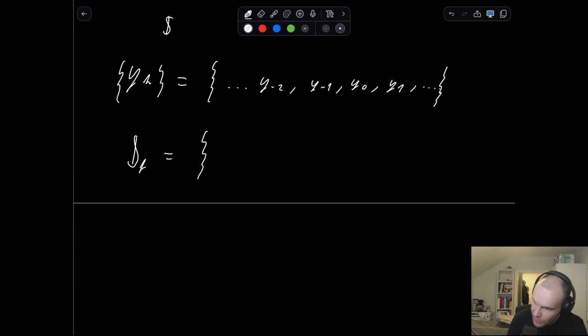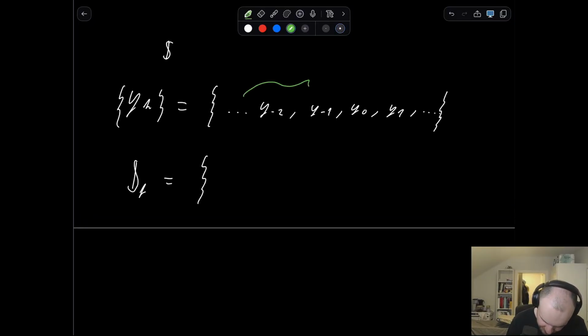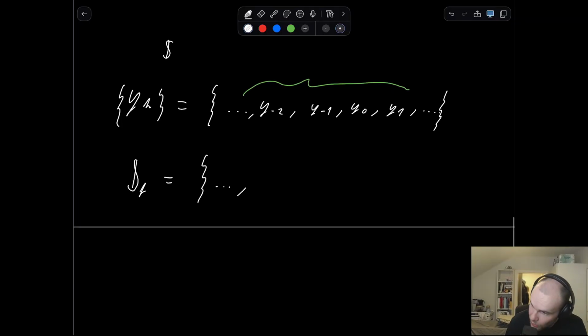And there are finite non-zero values here. This guy here can be anything. This can be only 0. This can be only non-zero numbers. This can be 0 and non-zero numbers, etc. It doesn't matter. But this guy below here has an infinite amount of numbers.